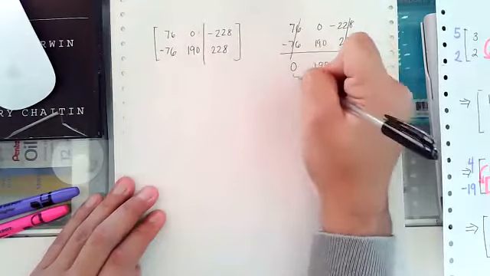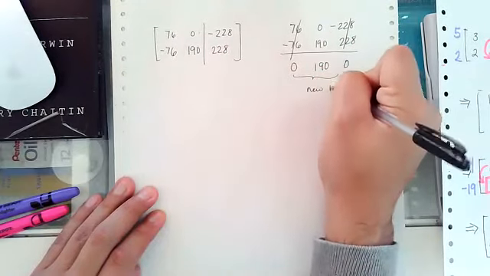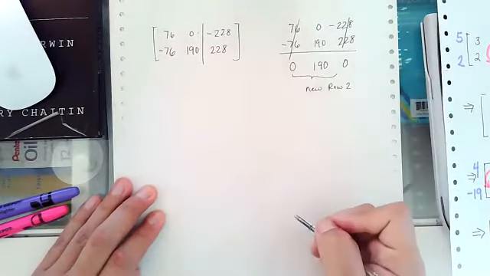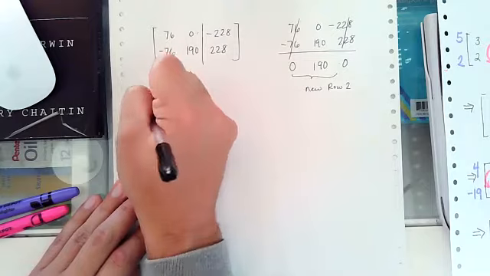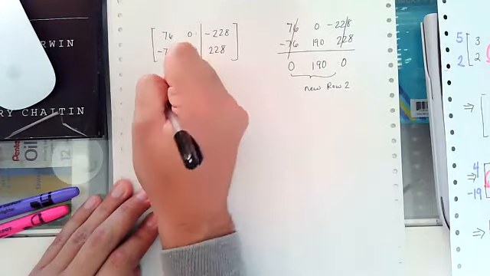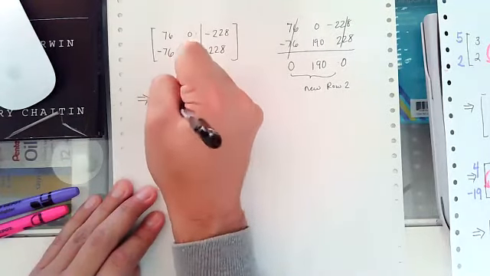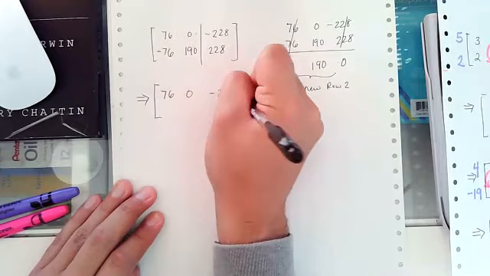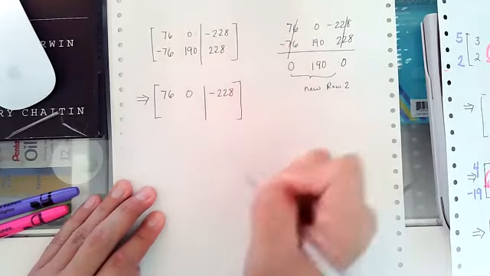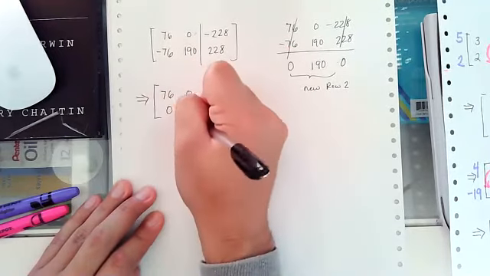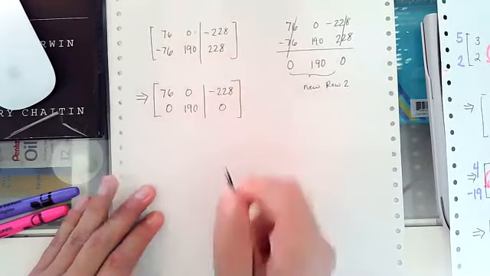So that's going to be my new row 2. We'll leave row 1 alone as 76, 0, negative 228, and row 2 is 0, 190, and 0.